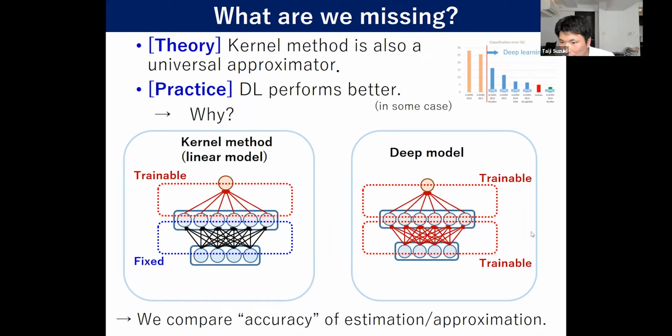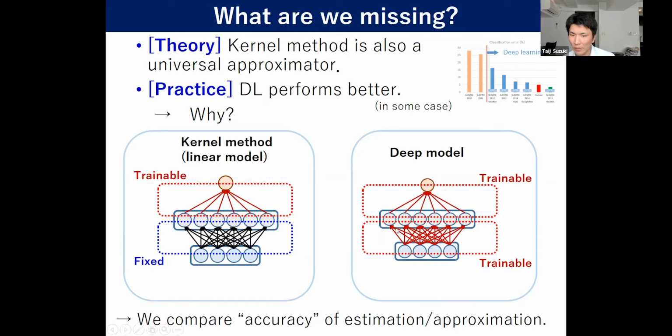Okay. What about the global minimum in deep models? The global optimality of a deep neural network model is another interesting topic, and I will talk about that tomorrow. Today I will not talk much about optimization. Tomorrow I will talk about some theories of optimization of deep models.